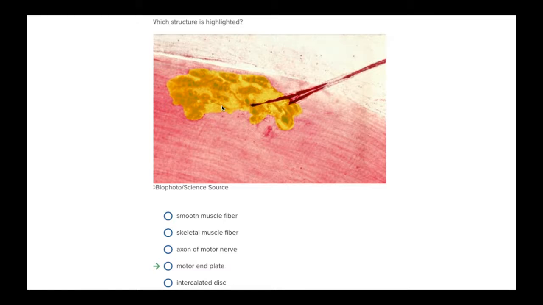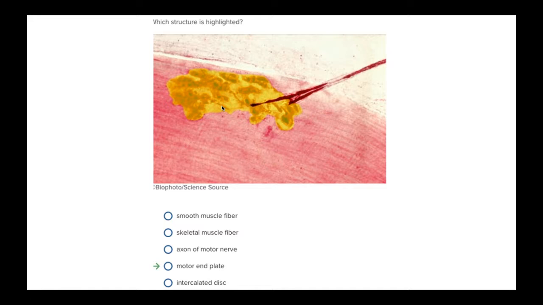And in that axon terminal, or the end bulb, is where there's neurotransmitters. The neurotransmitter that is released at the neuromuscular junction is called acetylcholine, ACh. And acetylcholine is an excitatory neurotransmitter at the neuromuscular junction. It's always an excitatory neurotransmitter.